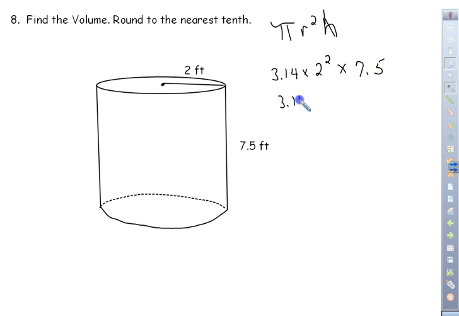So 3.14 times this value right here means 2 times 2, which is 4, times 7.5. And you can plug that into your calculator, which is going to give me 94 and 2/10, and it is volume, so it's cubic feet.